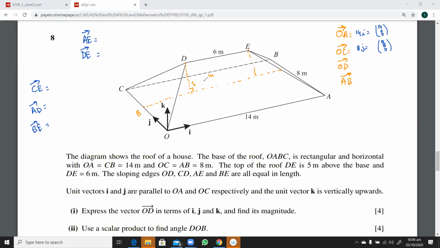OD. Now, we're given that this is 5 meters above and the sloping edges are all equal in length. So if they're all equal in length, guys, what kind of triangle is ODC? Yes, it's an isosceles triangle. An isosceles triangle you can divide into two parts. So if I draw a slanting line, let me call this M over here, this is going to be the line of symmetry. So this OM is going to be 4, this MC is going to be 4.